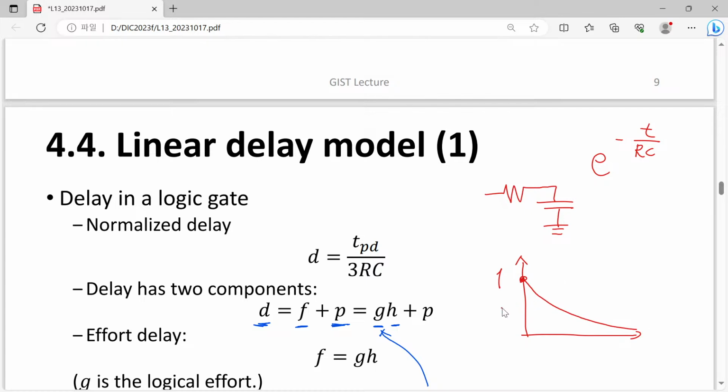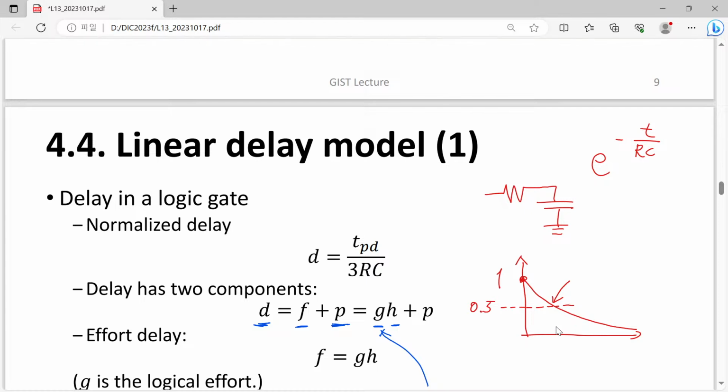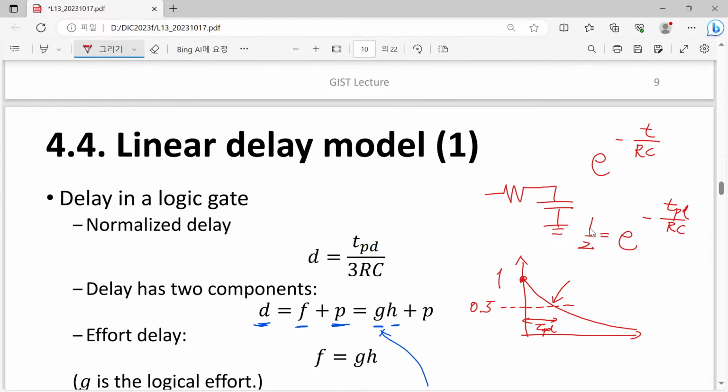We define our tau PD as the time to cross the transition point, for example the half point 0.5. So what will be the exact tau PD? If we spend the time tau PD, then it should be just half.